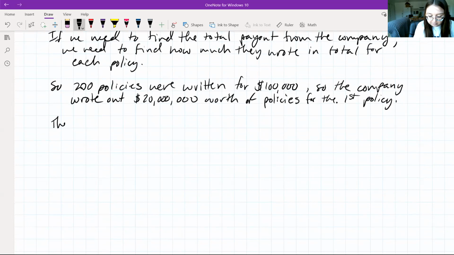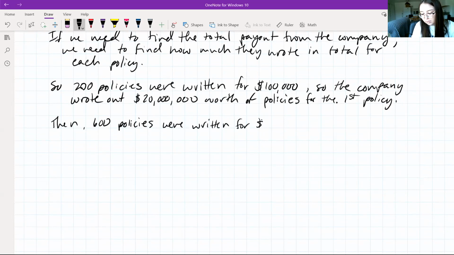Then 600 policies were written for $25,000.